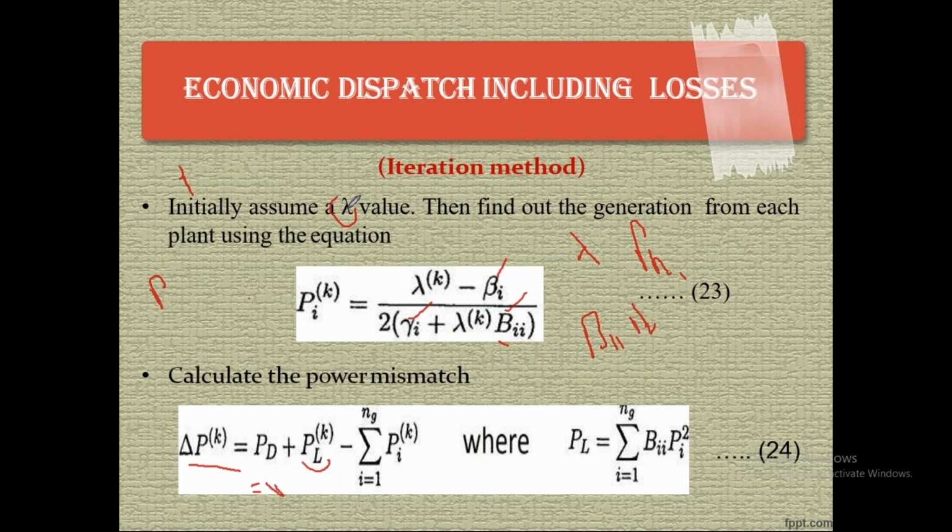Then only you can consider that the lambda value is the exact value. If you are not obtaining 0, again you have to update the lambda value by lambda plus delta lambda.